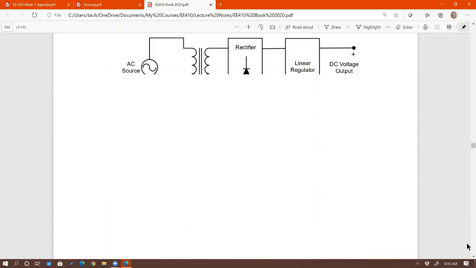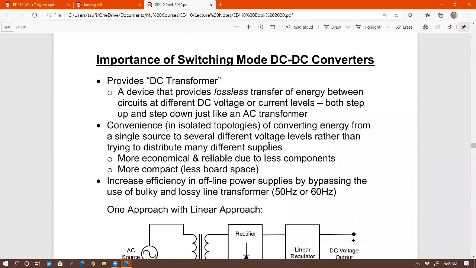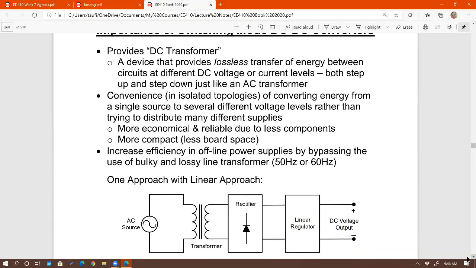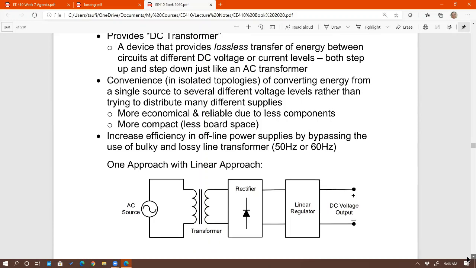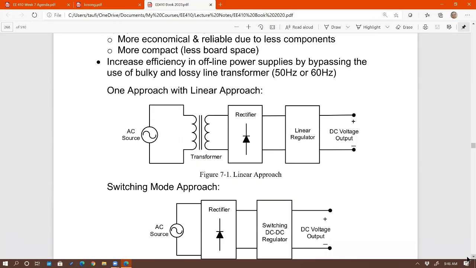Oops, no, not yet. And then increase efficiency in offline power supply by bypassing the use of bulky and lossy line transformer. We talked about this in chapter 2 or chapter 1, I don't remember exactly, so I'm not going to go over this again.